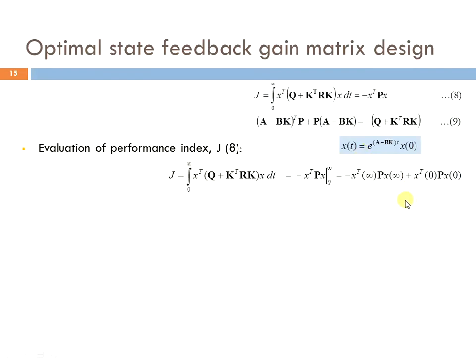Here we assume that the matrix A minus B times K has eigenvalues with negative real components.